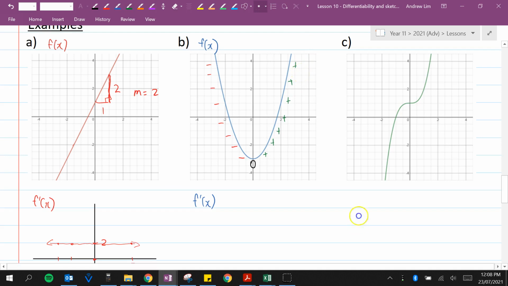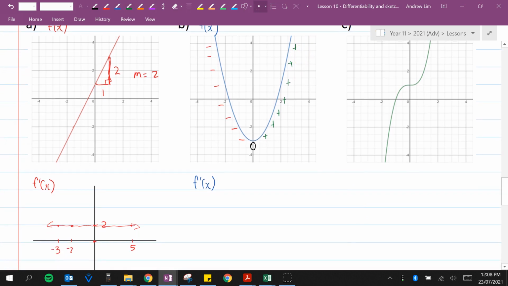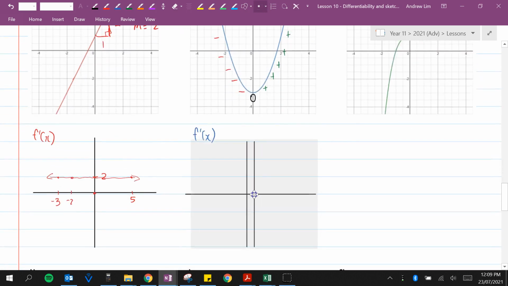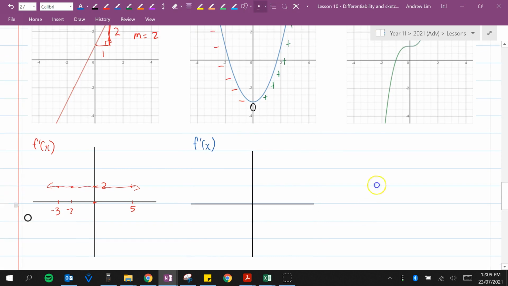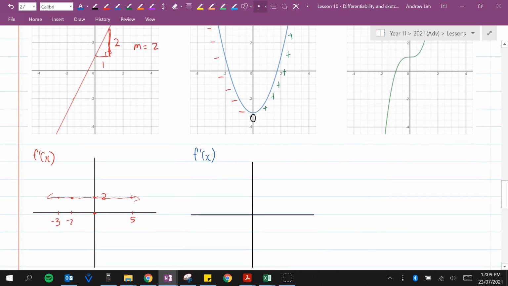So if I were to graph my gradient function here, just put it underneath. First thing I'm going to do is start with when it's 0. When is it 0? When x is 0. So that means I know that my gradient function is going to go through here. My x-intercept is when x is 0.